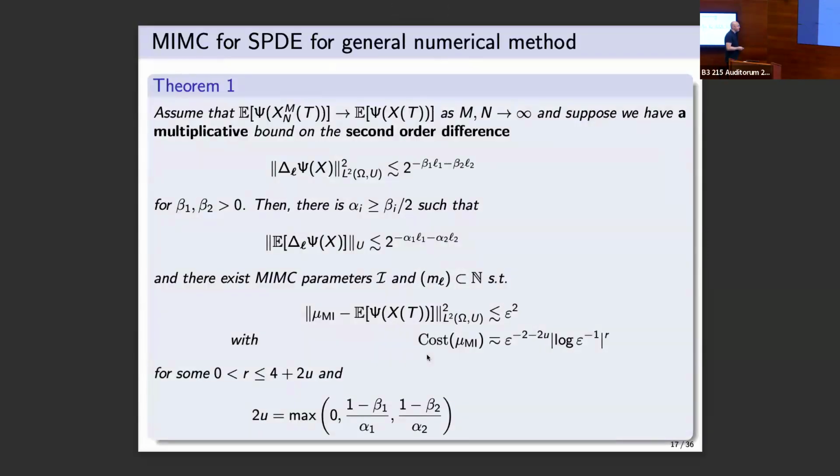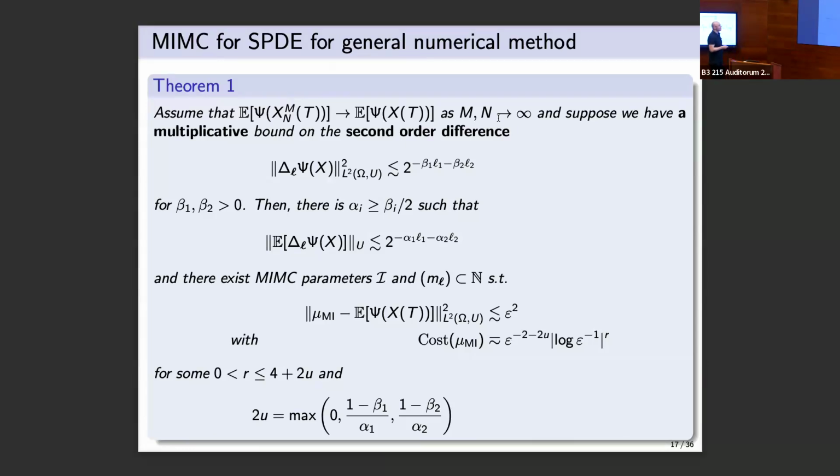The setup. And here's a general kind of performance result for multi-index Monte Carlo methods for SPDEs. So suppose that you have a numerical method that converges weakly to the expectation of the quantity of interest, converges in the sense that I'm given here, as the resolution parameters go to infinity.